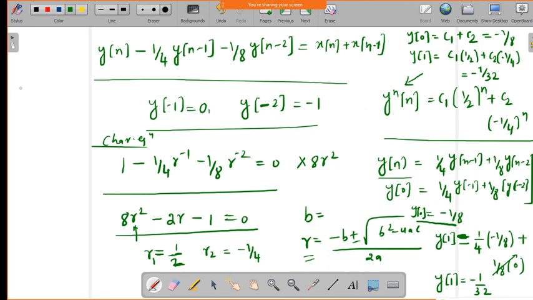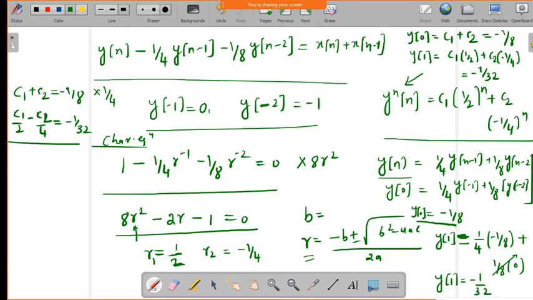Okay. So that is C1 plus C2 equal to minus 1 by 8, and C1 by 2 minus C2 by 4 equal to minus 1 by 32. Now solve this.